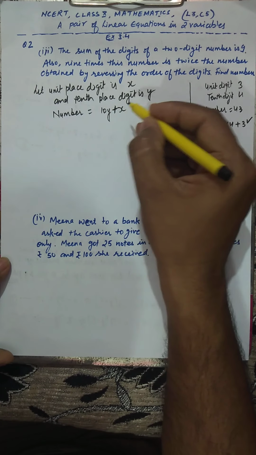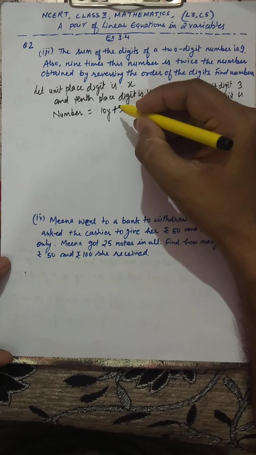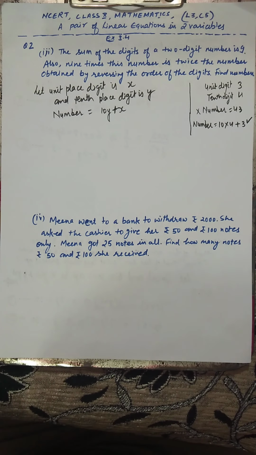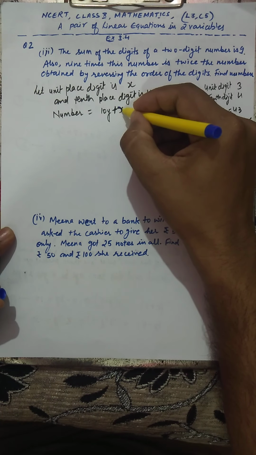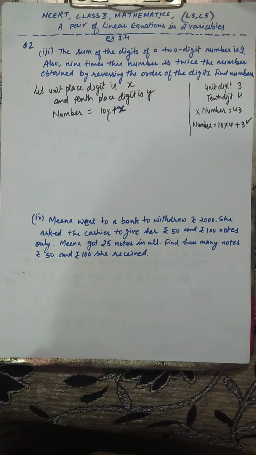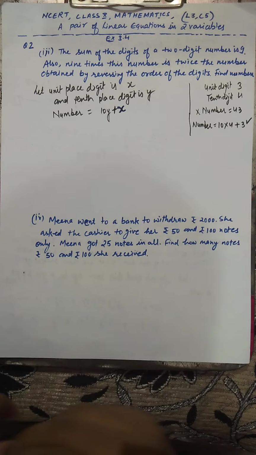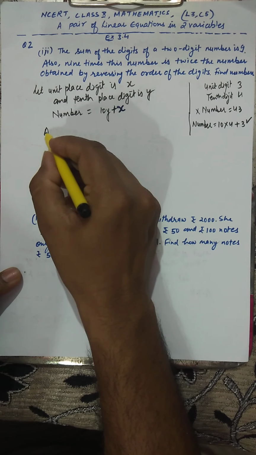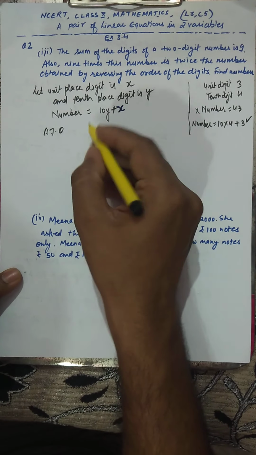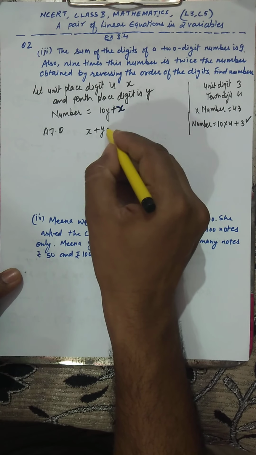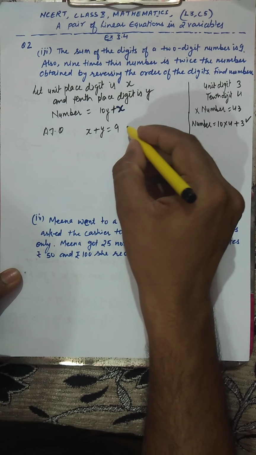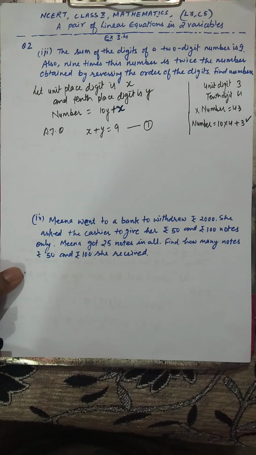Now we discuss the condition, because what condition is given to us, accordingly we will work. The condition is that the sum of the digits of a 2-digit number is 9. So the sum of the digits, x plus y, is equal to 9. Mark this as equation number 1.